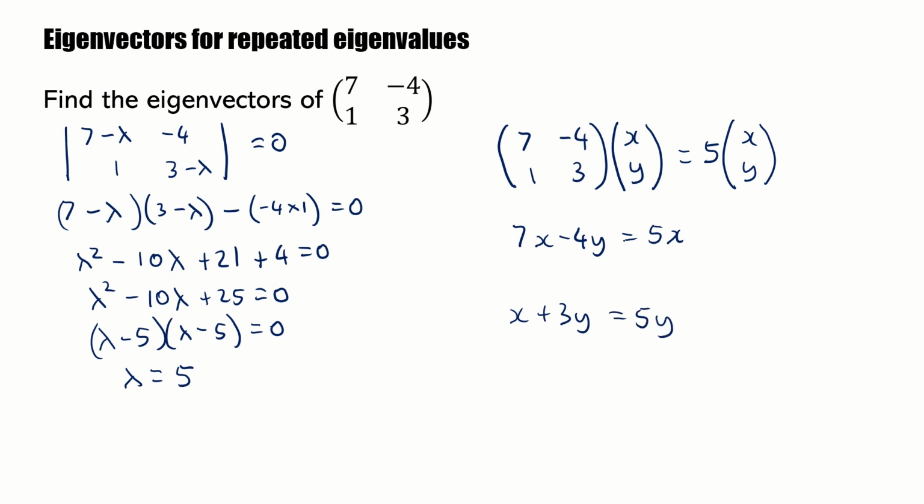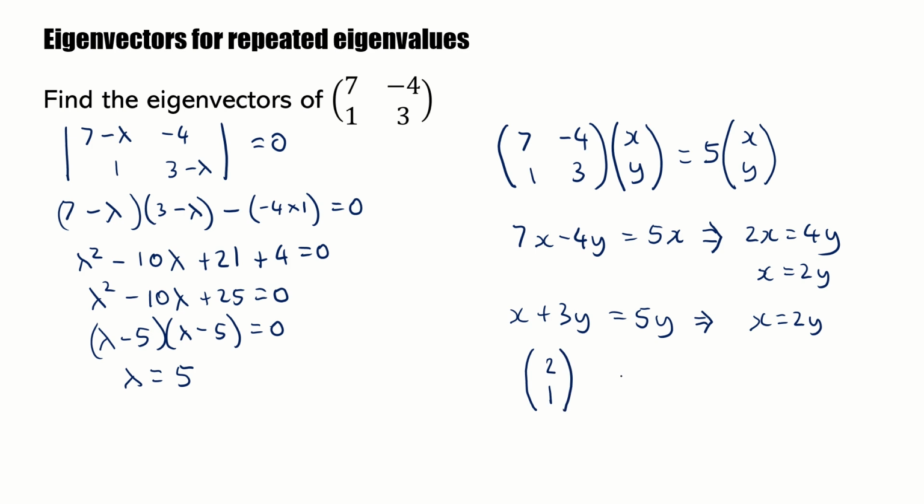Now if we simplify both of those relationships, the top relationship becomes 2x is equal to 4y, if we rearrange that a bunch, and that will simplify to x is equal to 2y. Looking at the other one just to check, we will end up with x equals 2y a lot more quickly. And therefore our eigenvector could be, if y is equal to 1, then x must be double that, so it's 2.